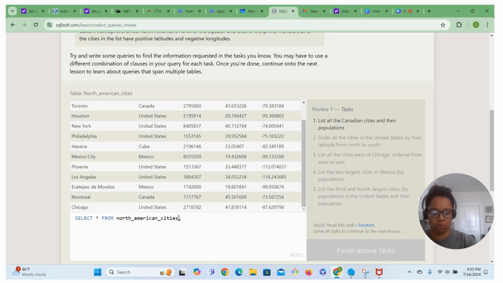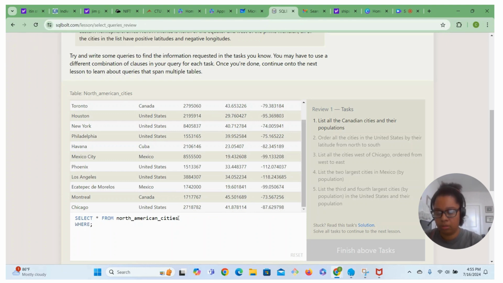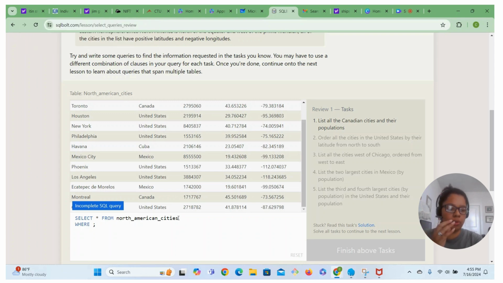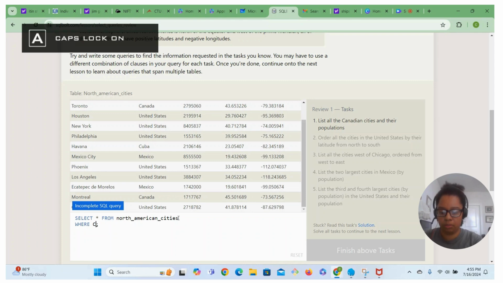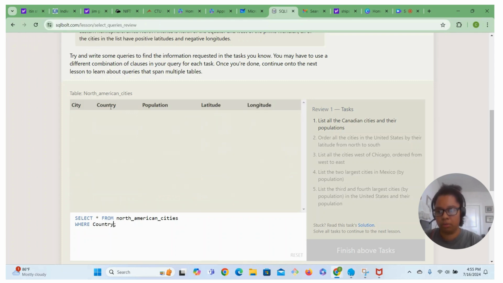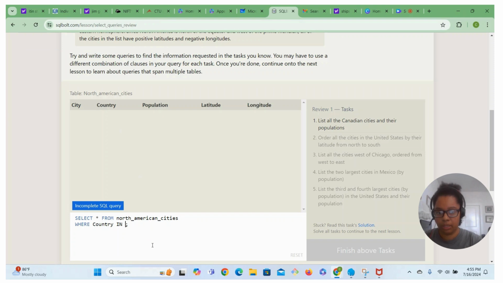So on this one, we're going to be saying select. We're going to leave the select, and then we're going to put the where, and then give the country, right? Country. And remember, that's one of our titles there. And then we're going to say in, and of course they say Canada, right?